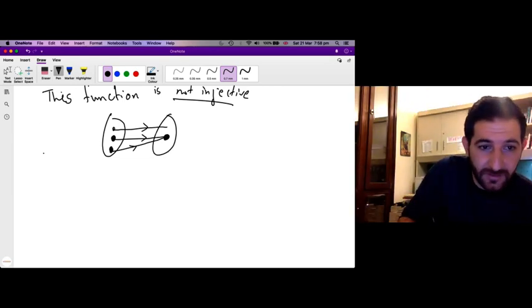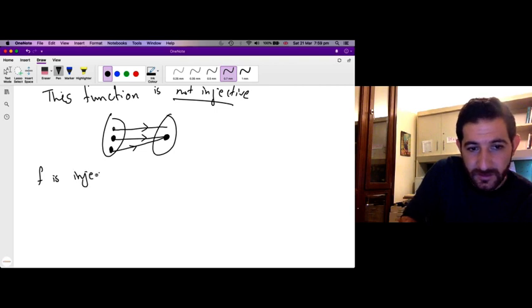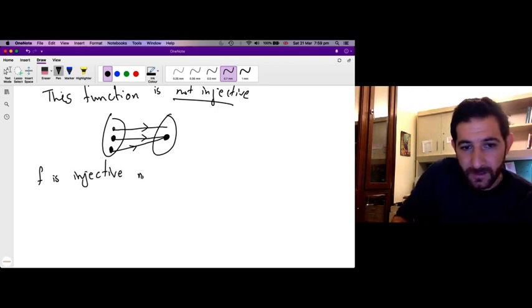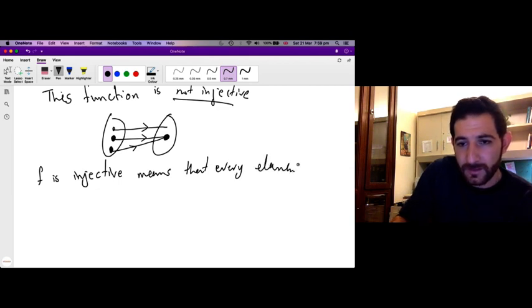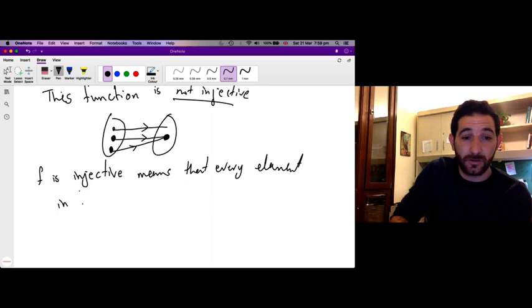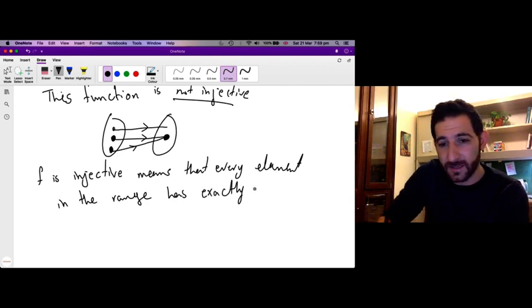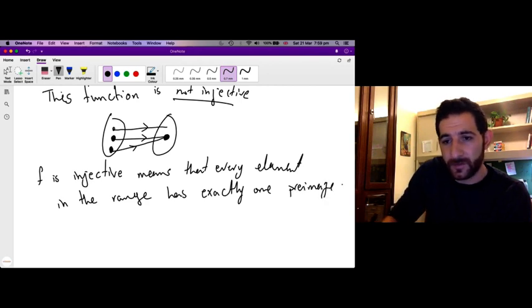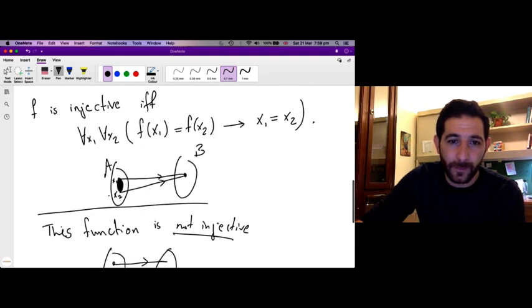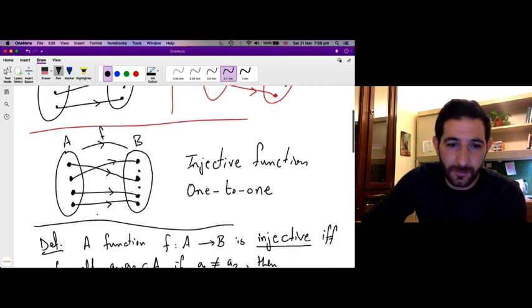Now let me make this observation, that f is injective means that every element in the range of the function has exactly one pre-image. Okay, so look here.